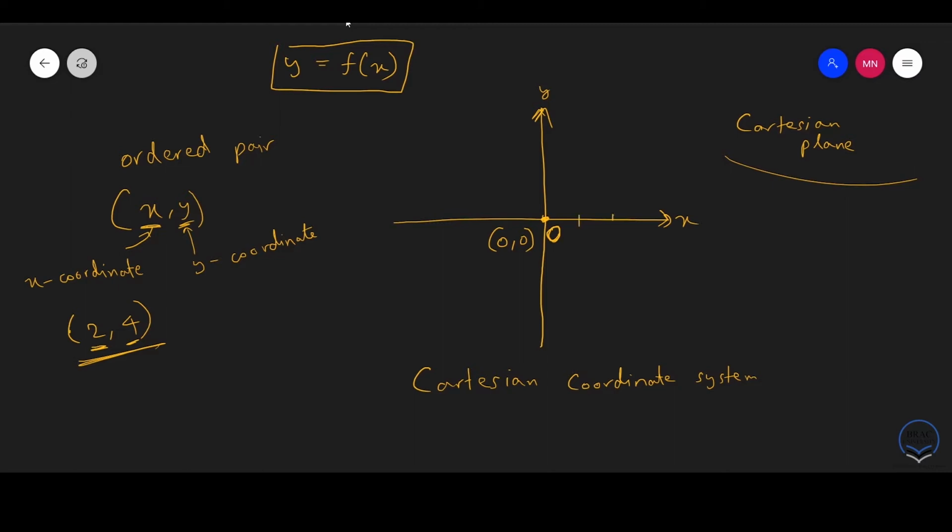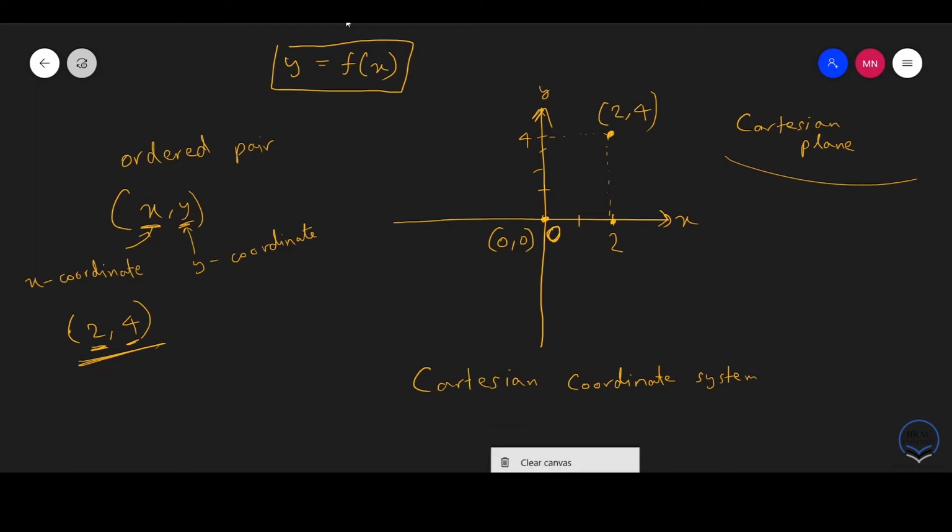So this is x is equal to 2. And then we will vertically go 4 units upwards. So we have 1, 2, 3, and 4. And this will be y is equal to 4. So our point will be here. And the coordinate of this point will be 2, 4. So we can specify any point uniquely on this Cartesian plane.